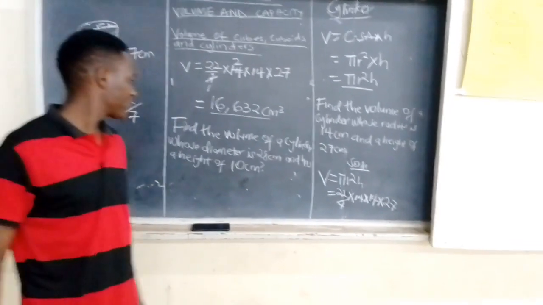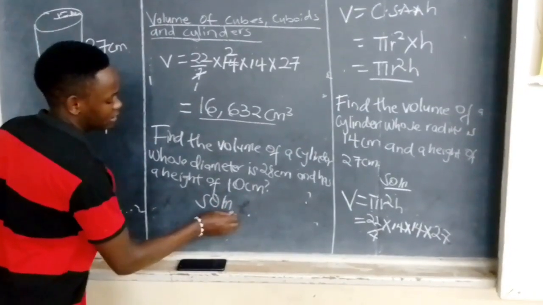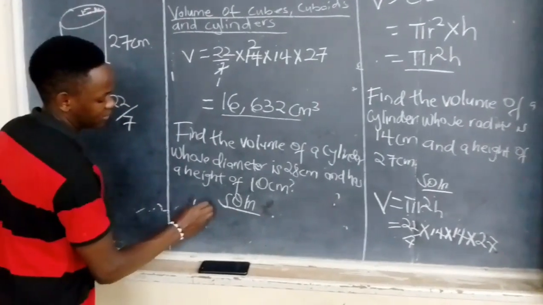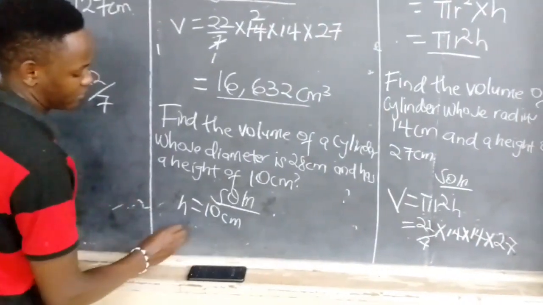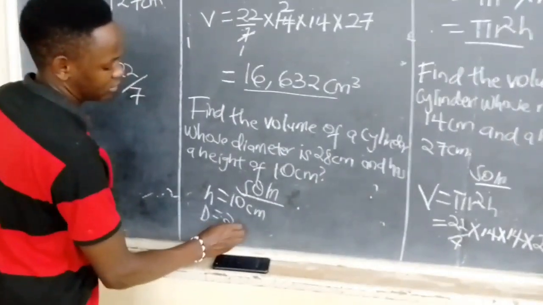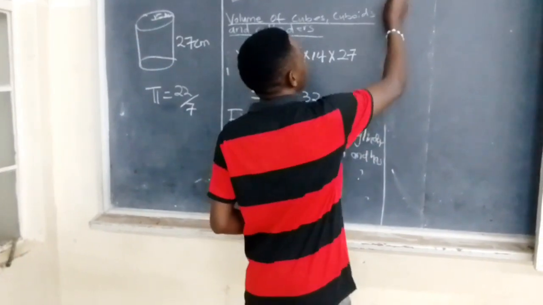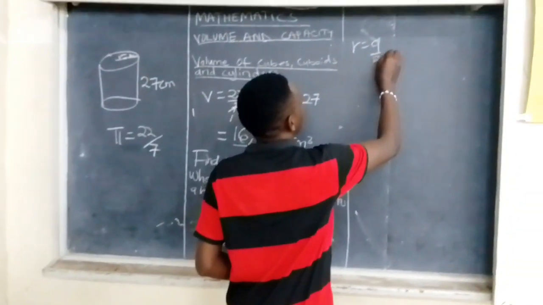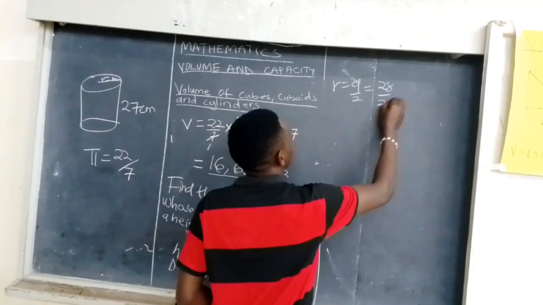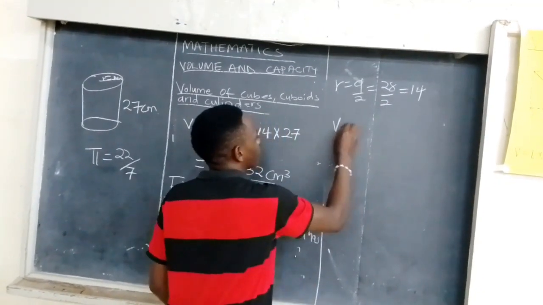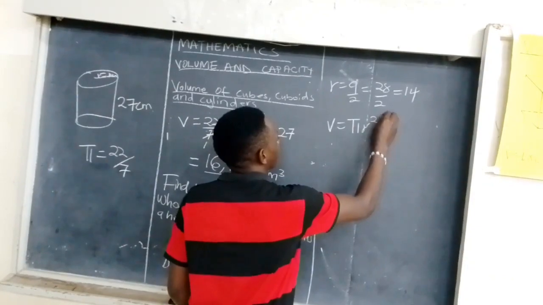Yes, Theory. Given the height as 10 centimeters, the diameter as 28 centimeters, we can find the volume of the cylinder by first dividing the length of the diameter by 2 to obtain the radius as 14 centimeters. Now, substituting to the formula, volume equals pi r squared multiplied by height.